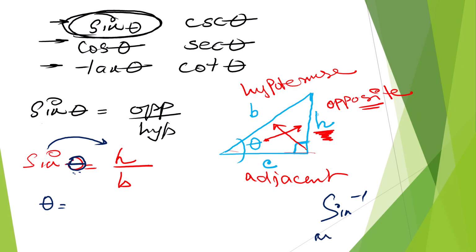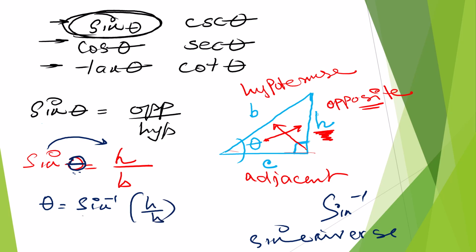We read it as inverse sine or sine inverse. So I write here sine inverse of H over B. And how do we write sine inverse in the calculator? In the calculator, we press shift and sine.